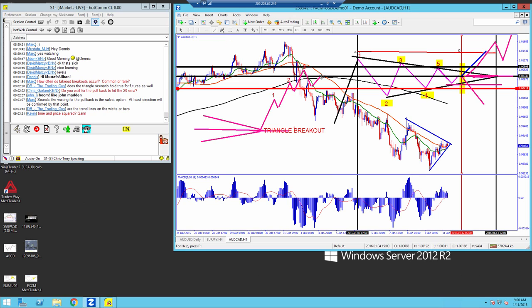All right. 3 drives will typically end the swing. So triangle breakout. If it breaks out and is very impulsive, like strong, you're going to get that drive, that shallow pullback, that drive, that shallow pullback, that drive.